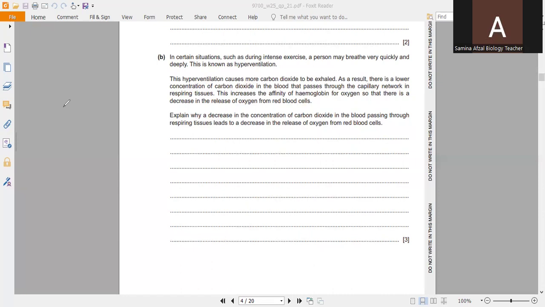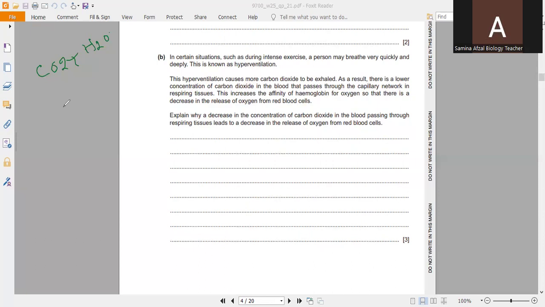This acid dissociates into hydrogen ions and hydrogen carbonate ions.